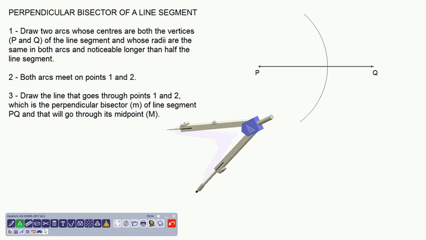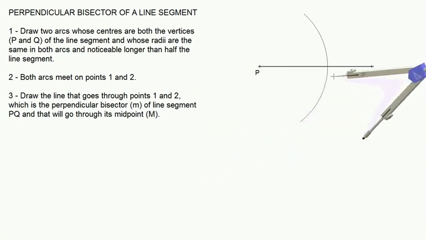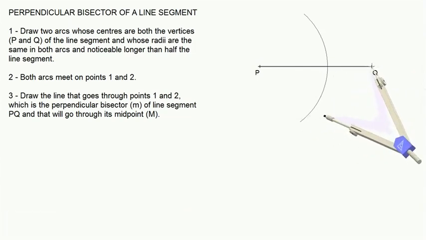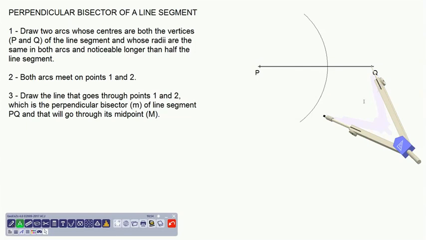Okay? We repeat the operation using now center point Q, and using an arc of circumference whose radius is exactly the same as the previous one.